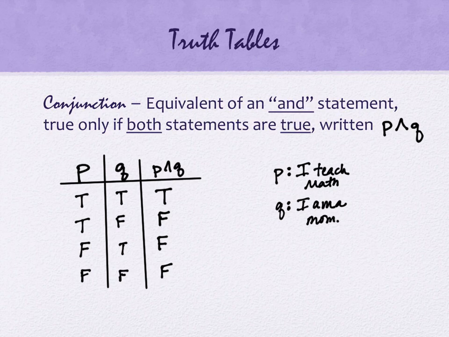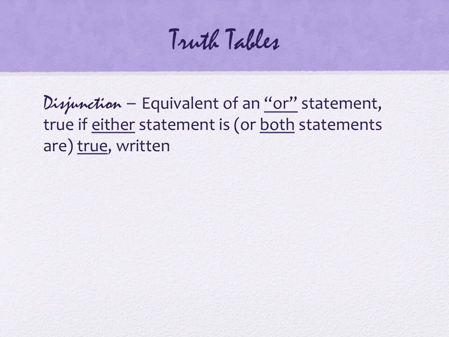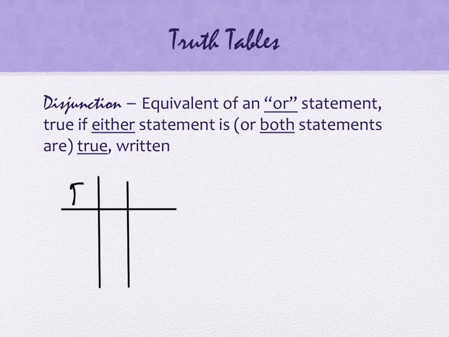Okay, we're going to use our same people in the hallway here for our next one. So these are conjunctions. They're and statements. The next one is a disjunction. So disjunctions are or statements. Or statements are true if either one statement or the other statement or both are true. If our statements are P and Q, like they were before, this is written as a V. Okay?